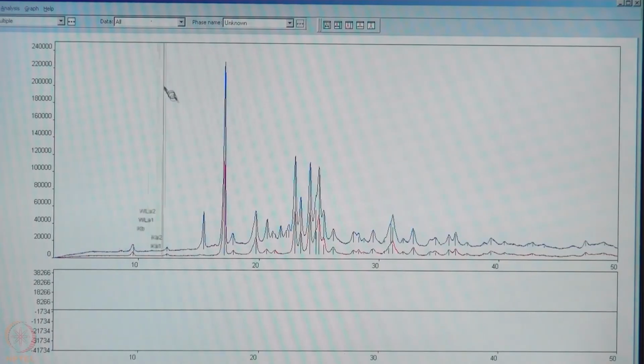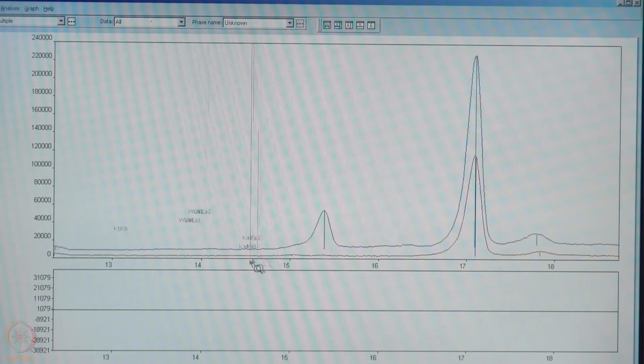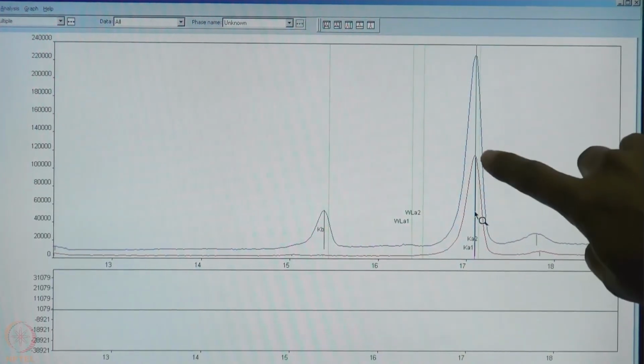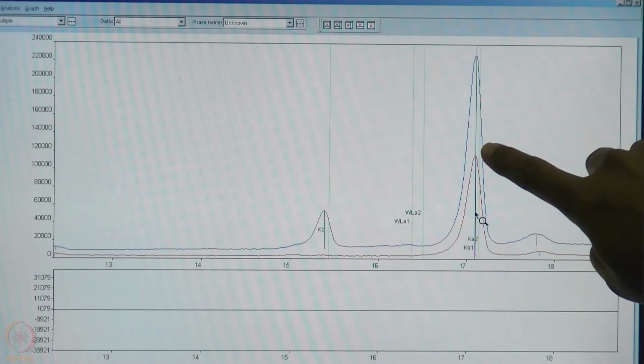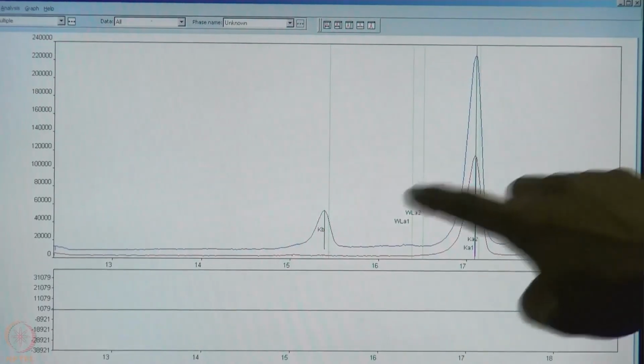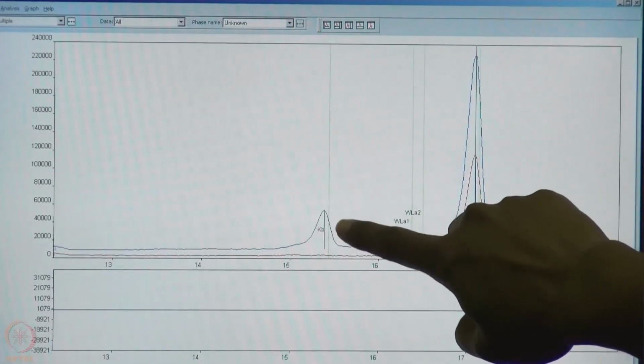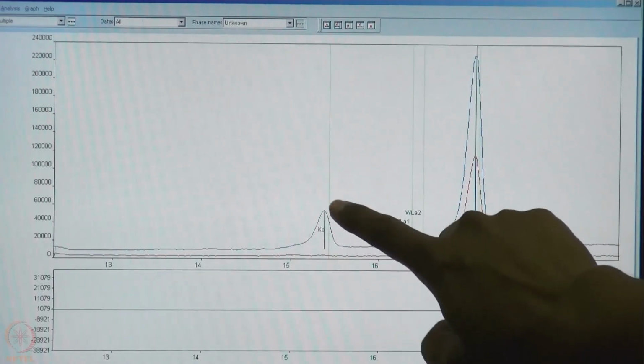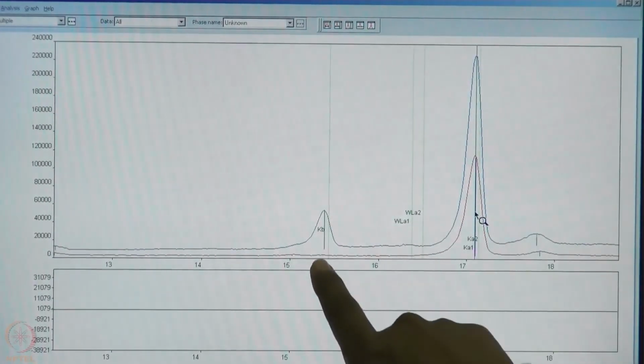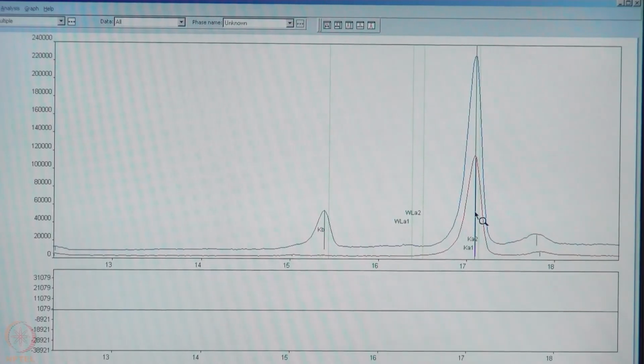If we zoom near the highest intensity peak, it becomes very evident that if I make that peak K alpha 1 and the alpha 2 is immediately next to it, this blue peak which has appeared in the blue pattern is the K beta peak which was missing when we used the filter.